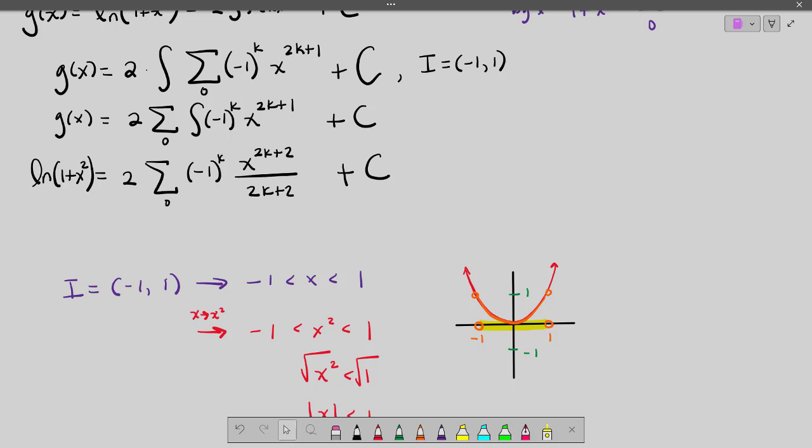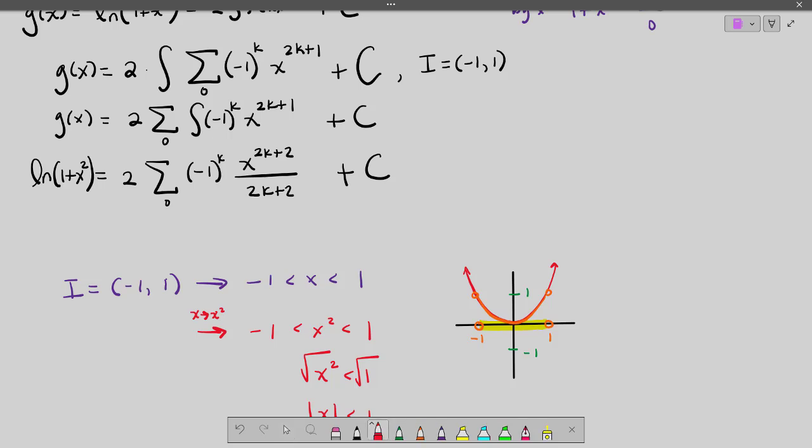If you plug in k equals 0 right there, you get x squared over 2. So the first term has an x. So there's no numerical constant out in front, like with our geometric series where we have 1 plus x plus, right? This series is starting with an x. So if you plug in 0 here, it all becomes 0. Because there's no numeric constants here. So if you plug in x equals 0, this is 0.